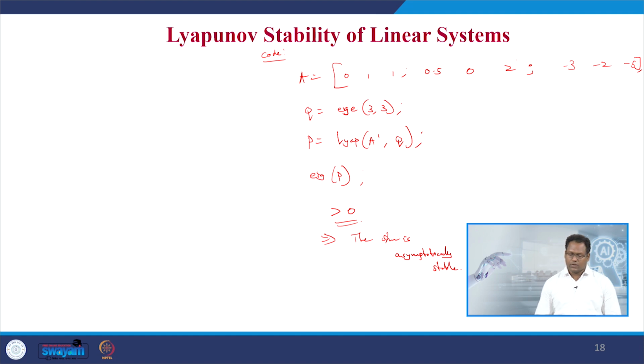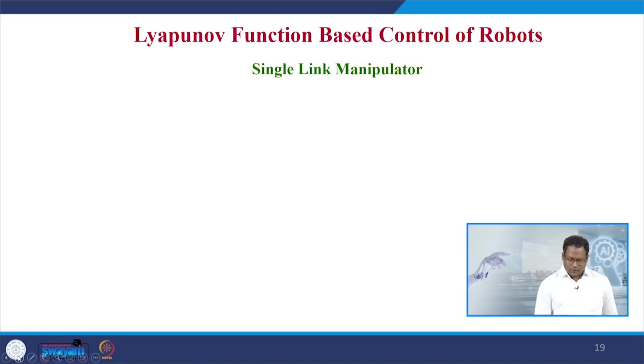Now, let us see the examples containing a single link manipulator and an n degrees of freedom robotic system. Now let us see how we can solve the Lyapunov function based control problem of robotic systems.